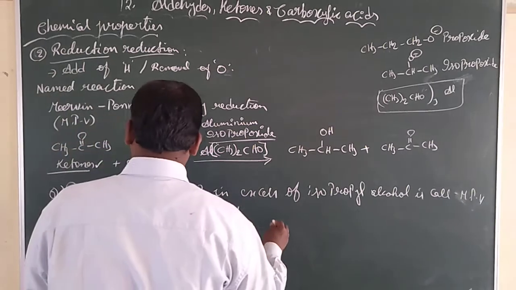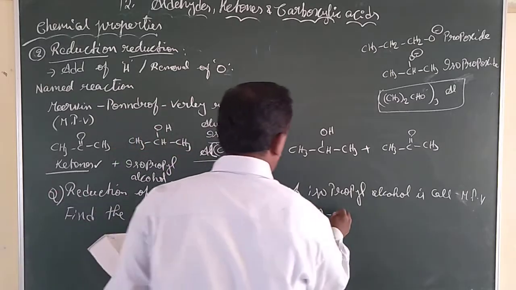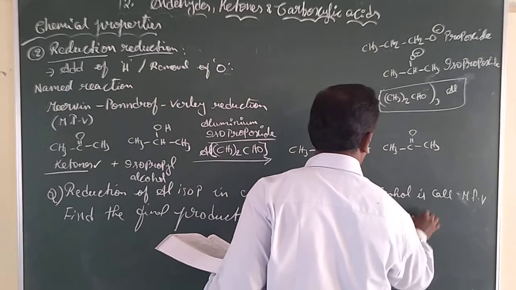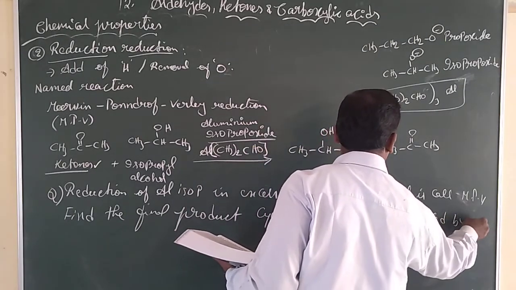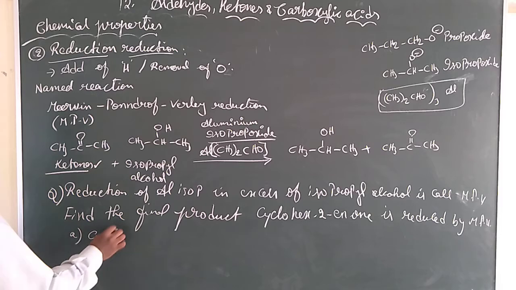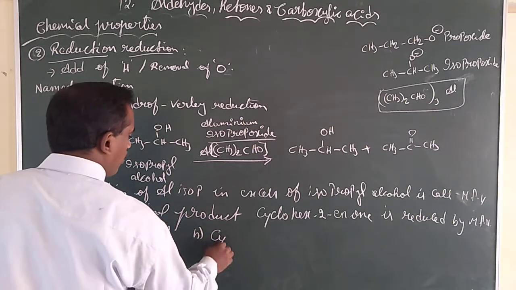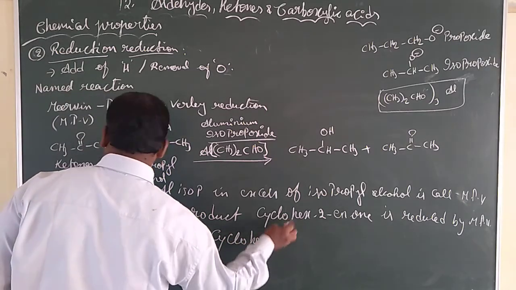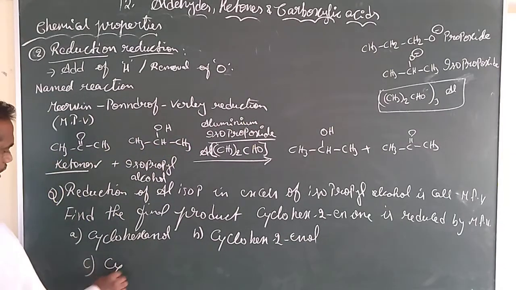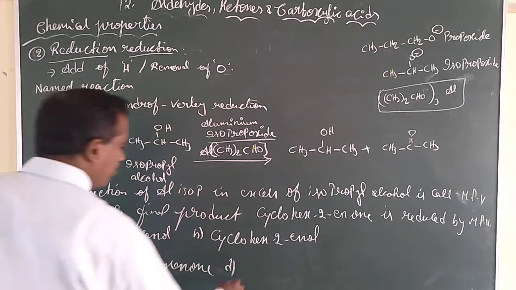In this case, cyclohexene is reduced by MPV. I am not writing the options here. Options we can give like cyclohexanol, cyclohexenol, cyclohexanol, and benzene.